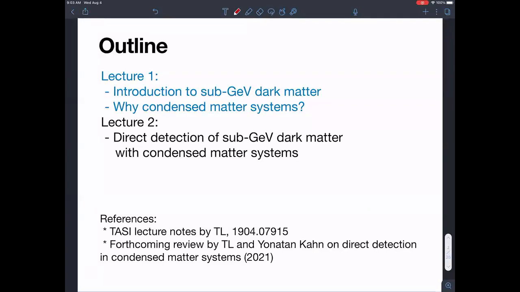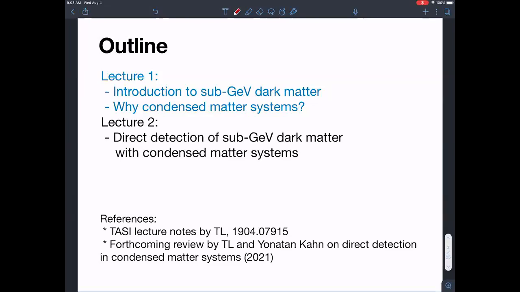Today I'll focus mainly on sub-GeV dark matter models and then start introducing some of the theory framework in order to think about direct detection that will apply when we start to think about condensed matter systems. And then I'll motivate why condensed matter systems are so interesting, why there's been a lot of activity on using them for direct detection.